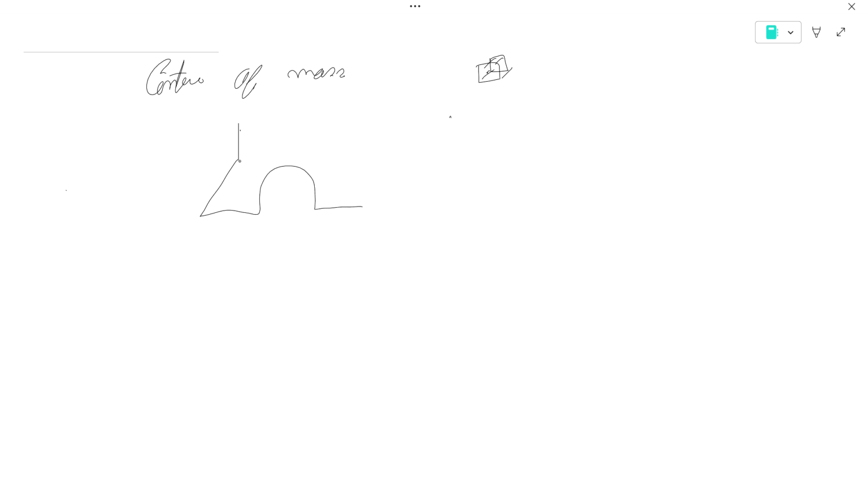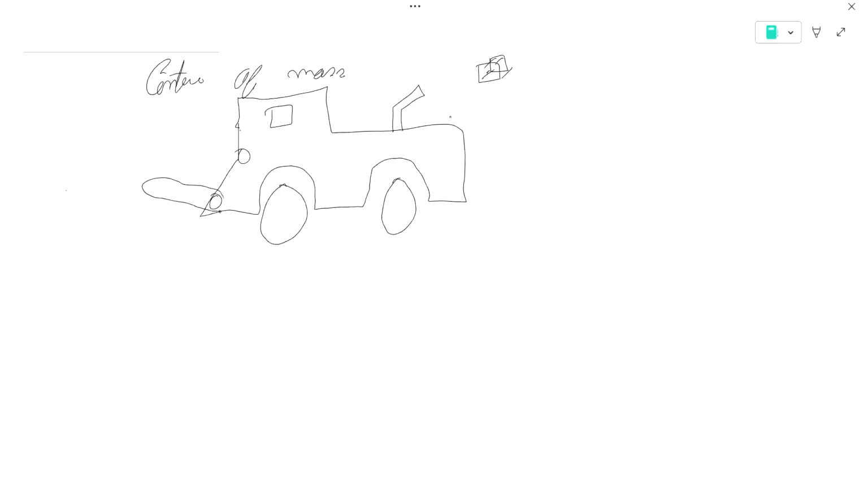Well, I want you to assume that what I'm drawing here is a bulldozer. Then this is obviously the huge tire that it has, another huge tire. It could be a dump truck or anything. Really, what I want is to show you how to compute the center of mass.